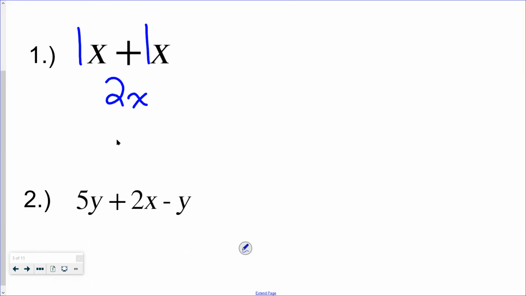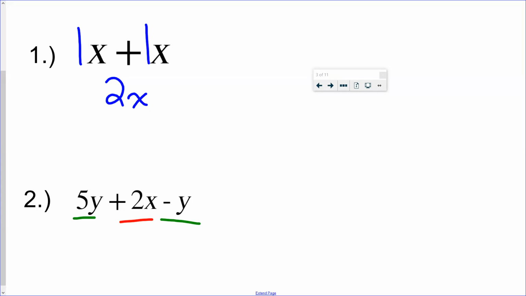Now let's go a little bit more advanced here. So we have 5y plus 2x minus y. So if we evaluate this expression or simplify the expression, we want to combine like terms. Well, if we look at the like terms, we have a 5y and we have a minus y. And then we also have this 2x here. Well, the 2x is not the same as the y, so we're not going to combine the 2x with the y's.